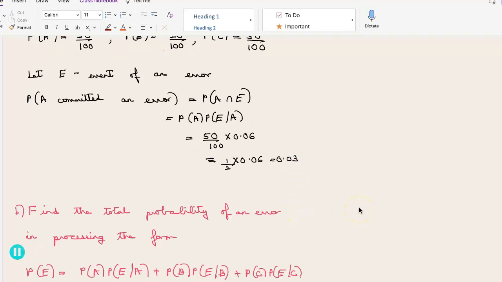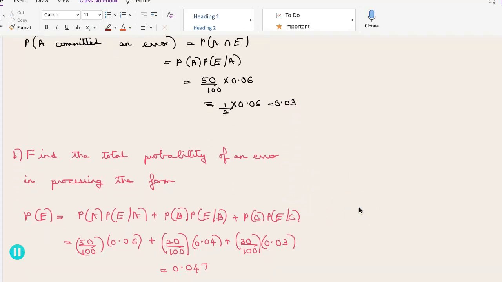The second part is find the total probability of an error in processing the form. So probability of an error is probability of A into probability of an error given that A processed it plus probability of B into probability of an error given that B processed it plus probability of C into probability of an error given that C processed it. These two we have already calculated.